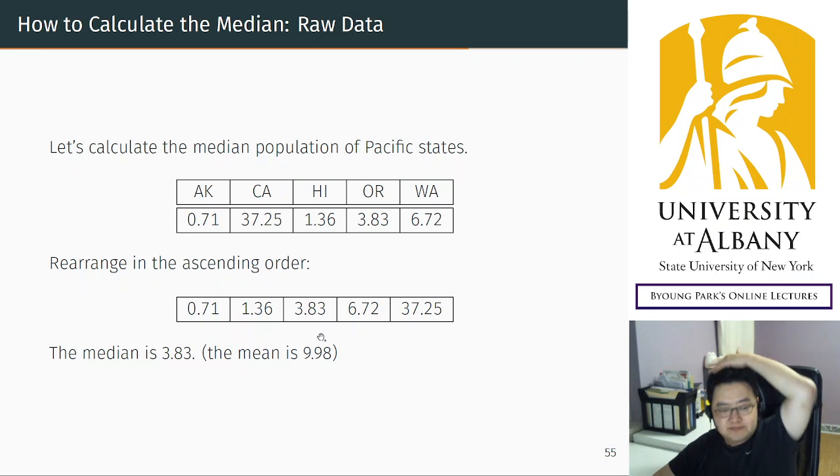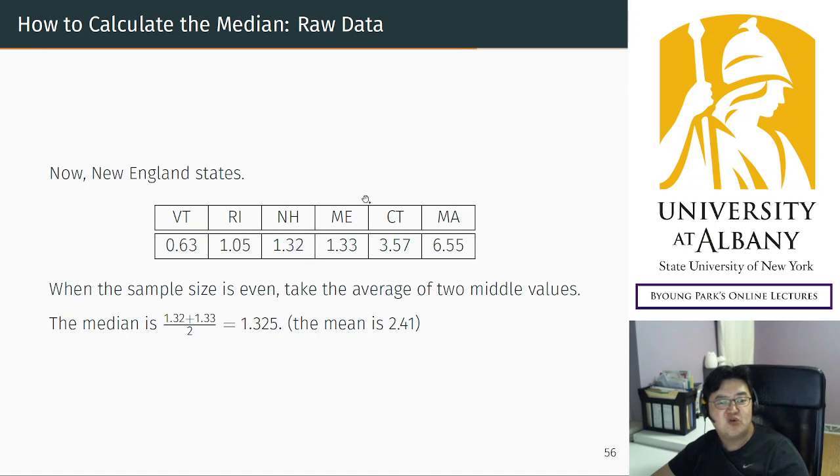This is when you have an odd number of observations. When you have an odd number of observations, you can just choose the one observation exactly in the middle of the data. However, when you have an even number of observations, think about New England states: Vermont, Rhode Island, New Hampshire, Maine, Connecticut, Massachusetts.